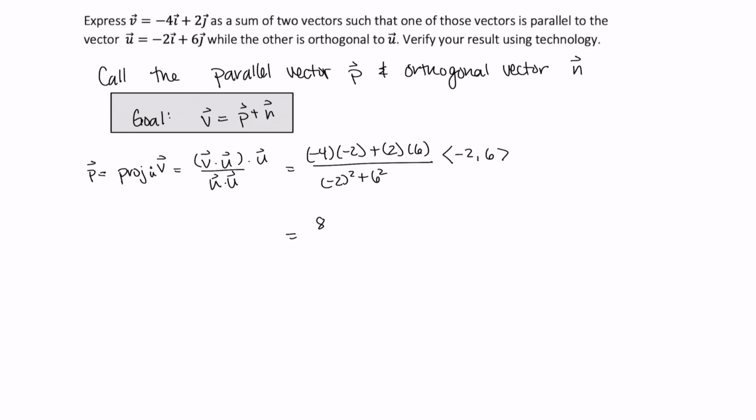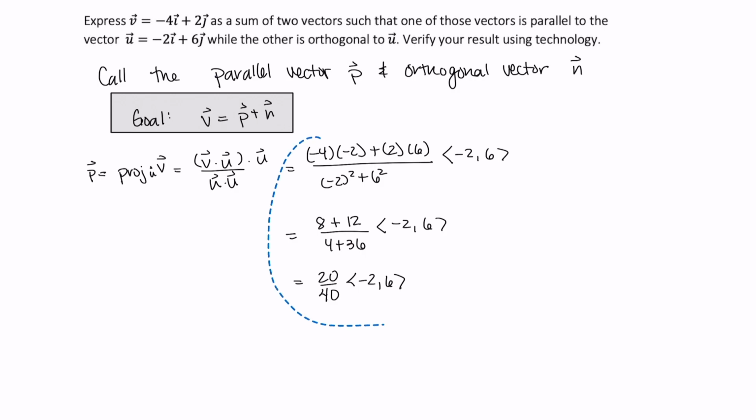Well, this is 8 plus 12 divided by 4 plus 36 multiplied by negative 2, 6. So we have 20 over 2, oh, not 20 over 2, excuse me, 20 over 40. I'm getting ahead of myself here. Multiplied by negative 2 comma 6.